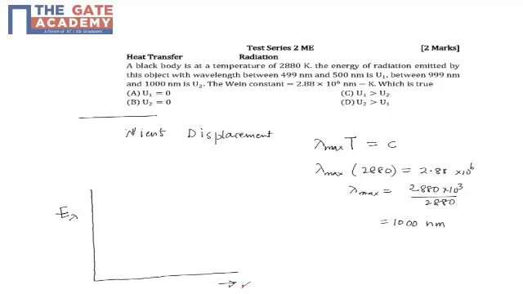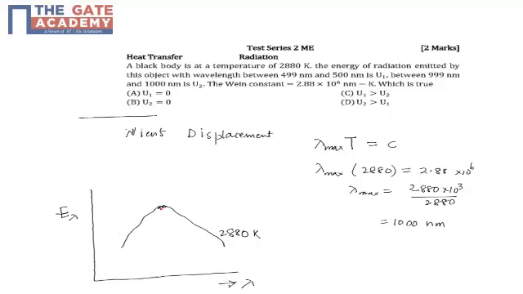If you look at the plot of spectral density with wavelength for different temperatures, there are curves like this, but let's plot it for a given temperature. It just behaves like this. This is a general trend. There are different curves for each temperature, and as the temperature increases, the peak shifts to lower wavelengths.